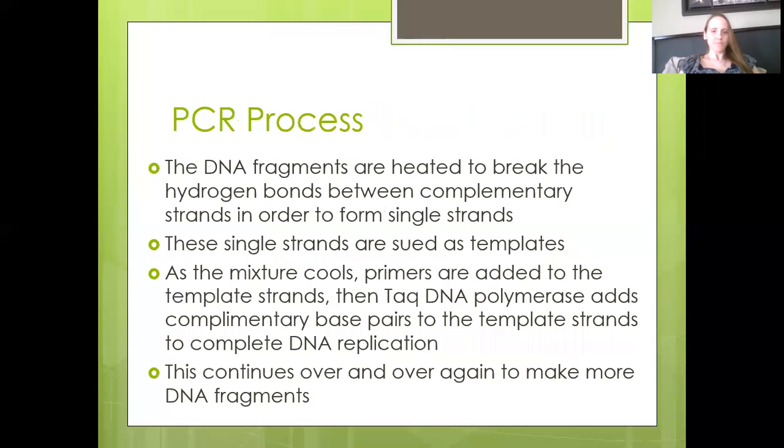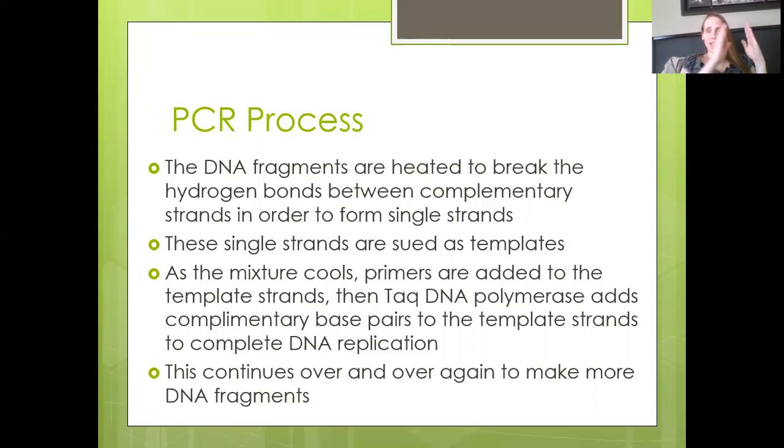So what you do is you take your little DNA fragment and you heat it up to break the hydrogen bonds. So you split the two strands of the DNA apart. And then each of those strands are used as templates. So you add in a bunch of nitrogenous bases, you add in some primers, you add in some DNA polymerase, and your two strands each get a new complementary strand built on them.